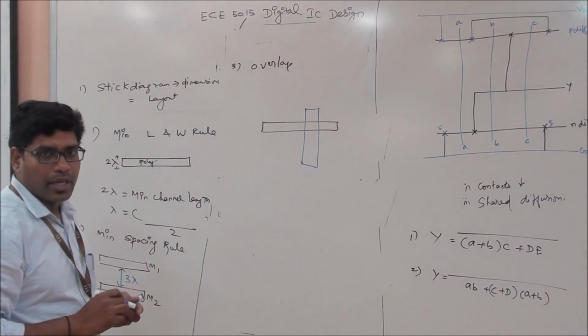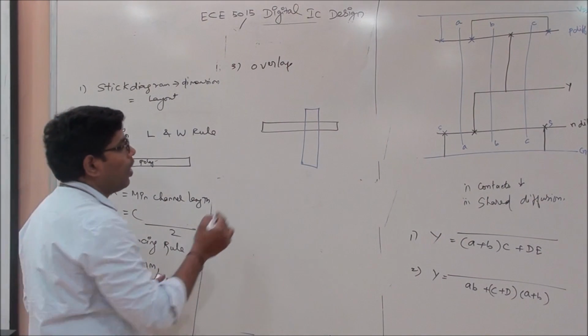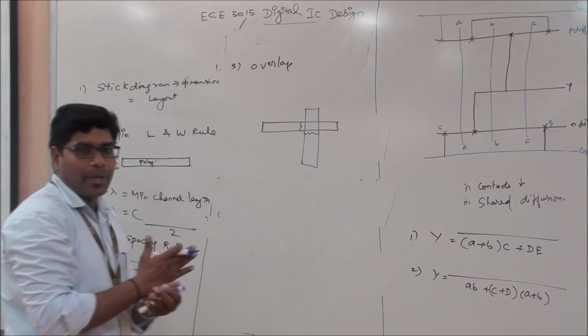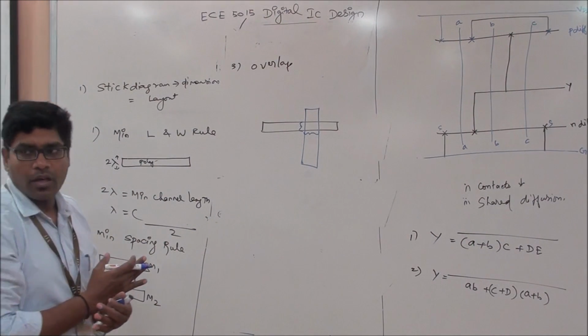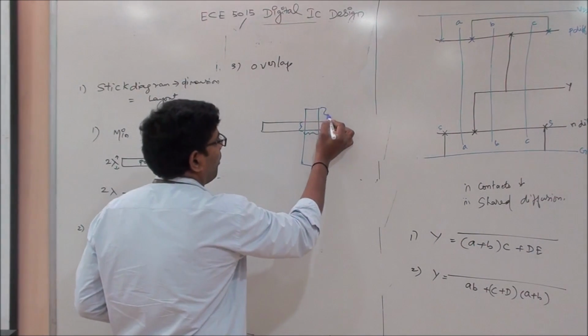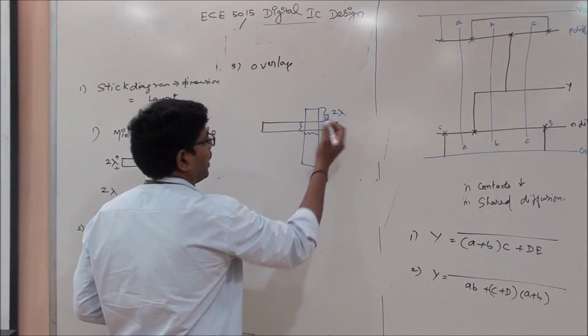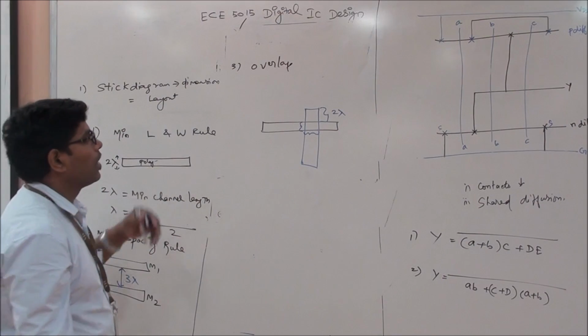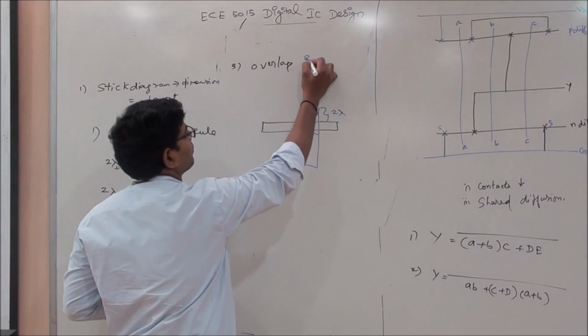Now this rule says something like this: what should be the minimum overlapping length and width? What should be the minimum extension after this overlap? So this type of rule is called overlap rules.